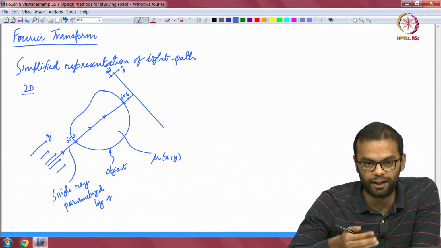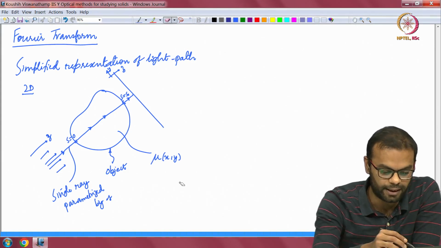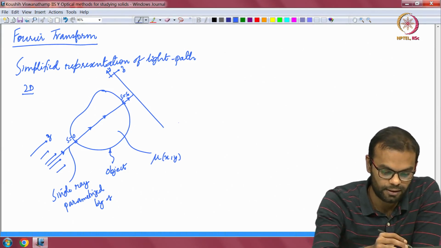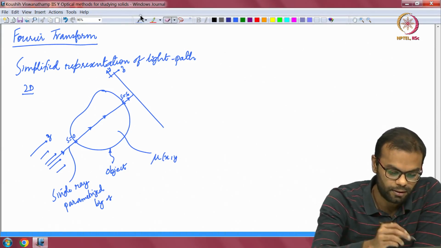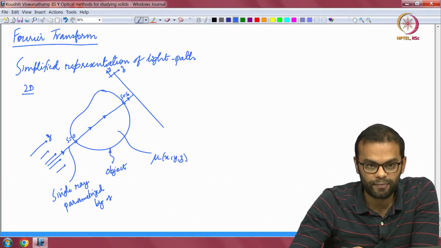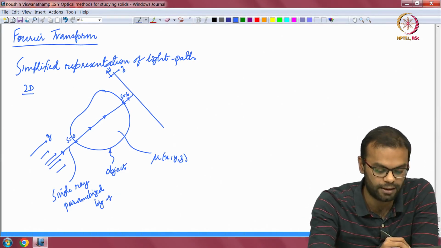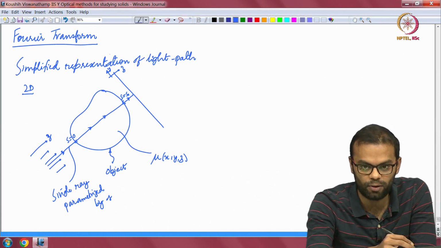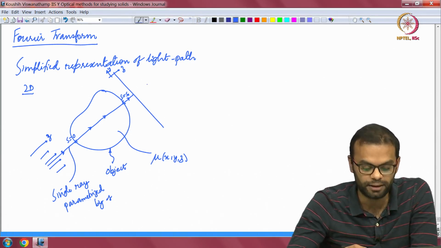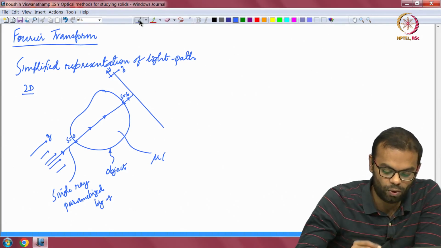But let us assume that the variable is mu, and it is a function of X, Y and Z, but because this case is 2 dimensional we are only looking at the YZ plane. Remember Y is like this and Z is like this, and a detector which was originally a screen now looks like a line, it is a 2 dimensional version. So we will drop the X dependence and look only at Y and Z.